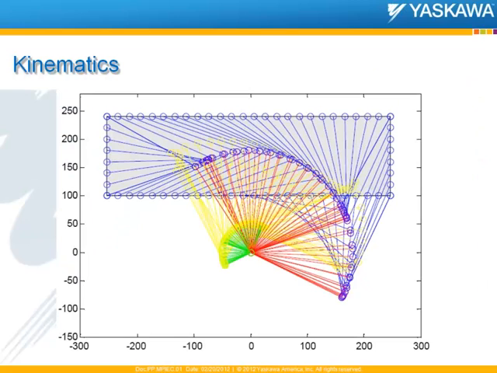But here is a sort of a diagram of the mechanism moving through its working envelope of a rectangle that happened to be about 500 millimeters wide by just under 250 millimeters tall. And you can see the offset here is about 250 millimeters away in X and 100 millimeters away in Y. So you see what all the linkages do as the end effector moves around the corners of the box.